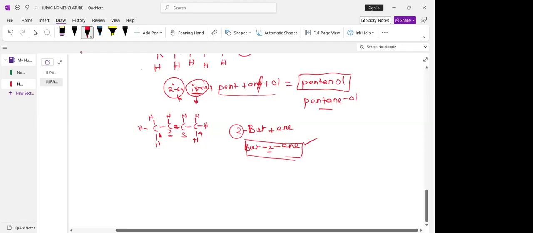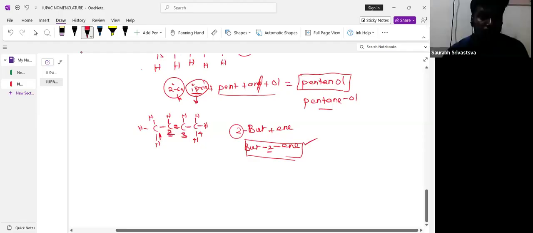This is 1, this is 2, this is 3, this is 4, we are counting, no? So where the double bond started, you have to give that number only. Actually, you are saying, I understand, that between the second carbon and the third carbon a double bond is present. Why are we not mentioning the third carbon? Why should we mention the second carbon alone?